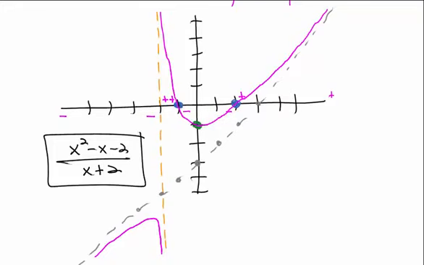I have one last example I want to do then. f of x equals x squared minus x minus 6 over x minus 3. And in fact, you know we're going to have to factor everything. What a lot of people start doing is they start factoring at the beginning rather than halfway through.